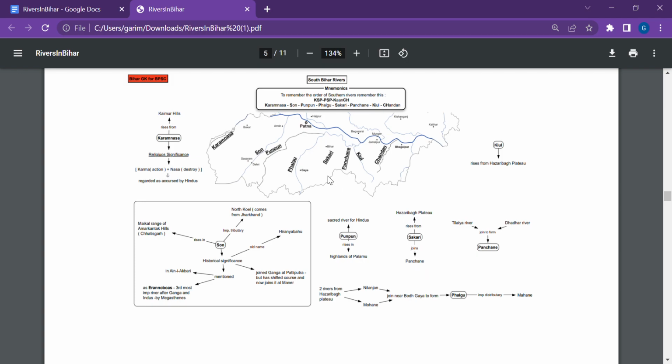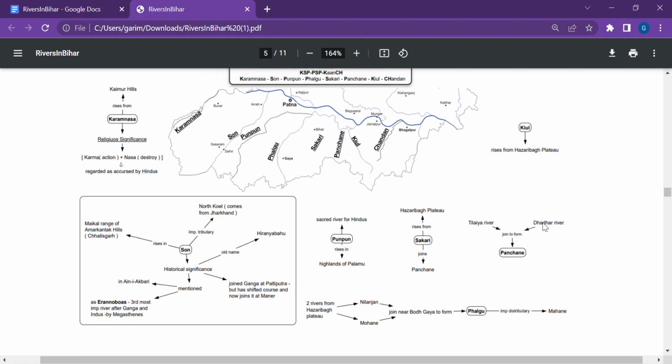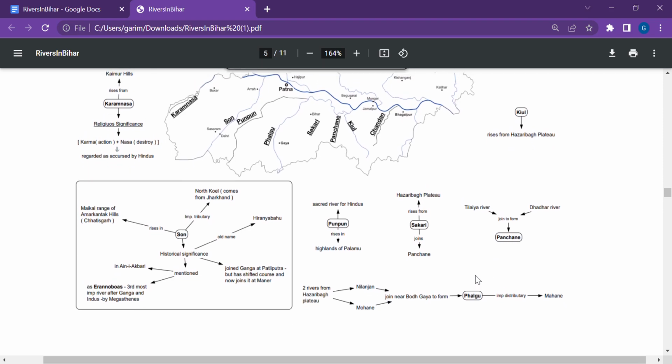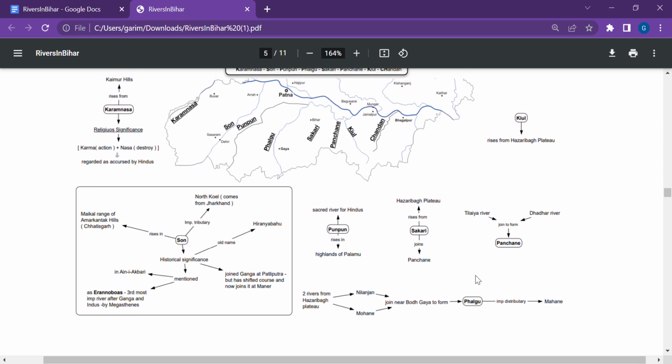Okay, next river is the Panchane. The Tilaiya river and the Dhadar river join to form the Panchane river. Next river is the Falgu river. We are done with Sakari and Punpun, I guess.